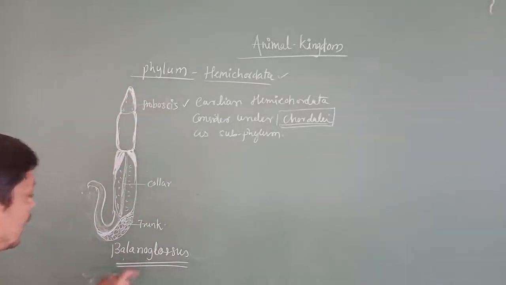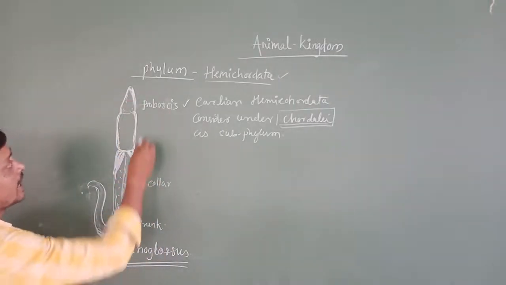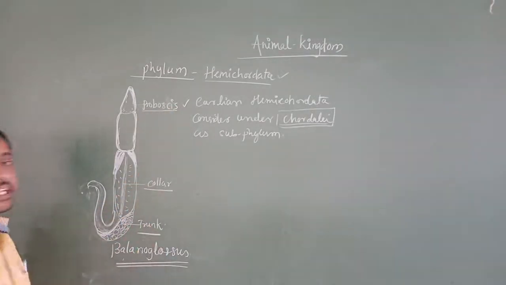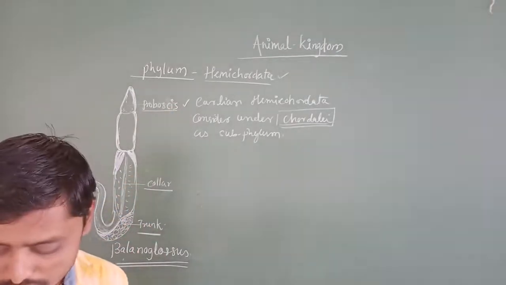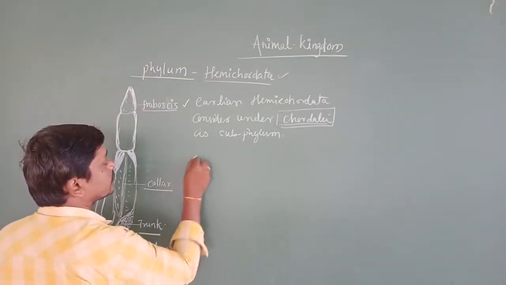Under Hemichordata, the example is Balanoglossus. Here I have written that the body is divided into 3 parts: one is the proboscis, second is the collar, and third is the trunk. These hemichordates have a rudimentary structure in the collar region, the stomochord.